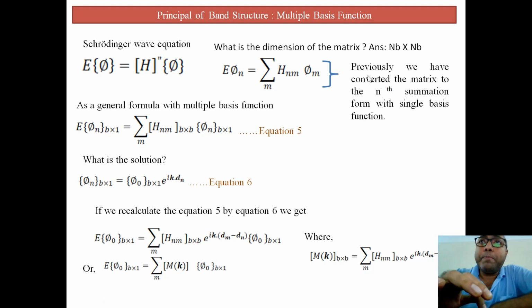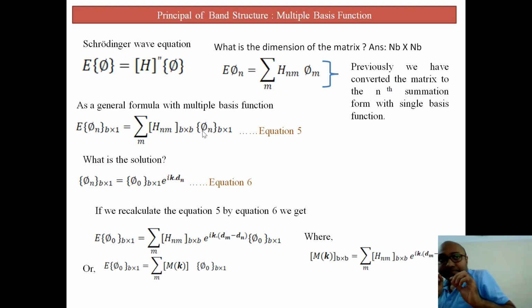Previously we converted the matrix to the nth summation form with a single basis function, E phi n. So how to write the phi n component? This is right. Now since we have incorporated multiple basis functions, we need to add them. What is the additional thing that we need to do? Basis function means, suppose, one basis function.